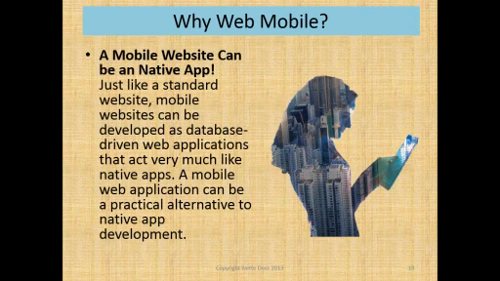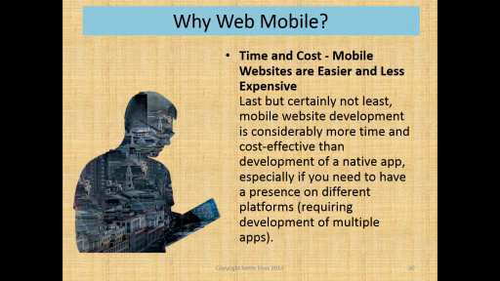A mobile website can be a native application as well. These days, and we will talk about it, conversion to hybrid almost eliminates the distinction between a mobile web application and a native mobile application. So time and cost, I already mentioned that it's easy and less expensive.